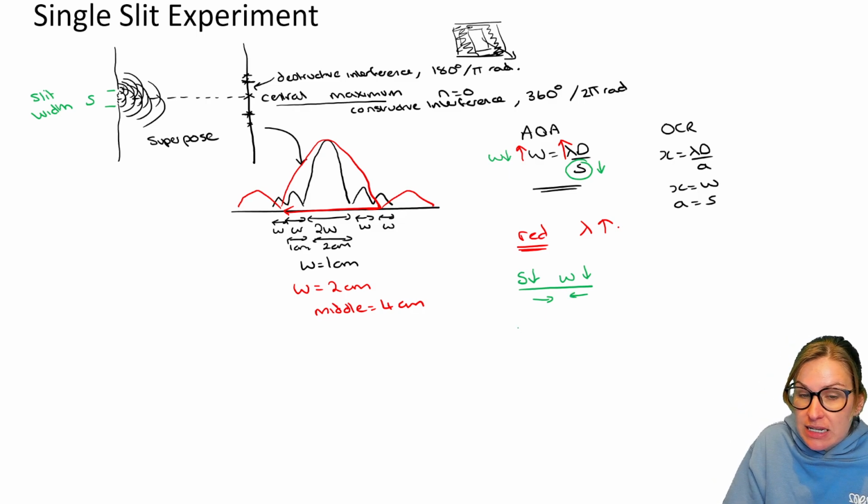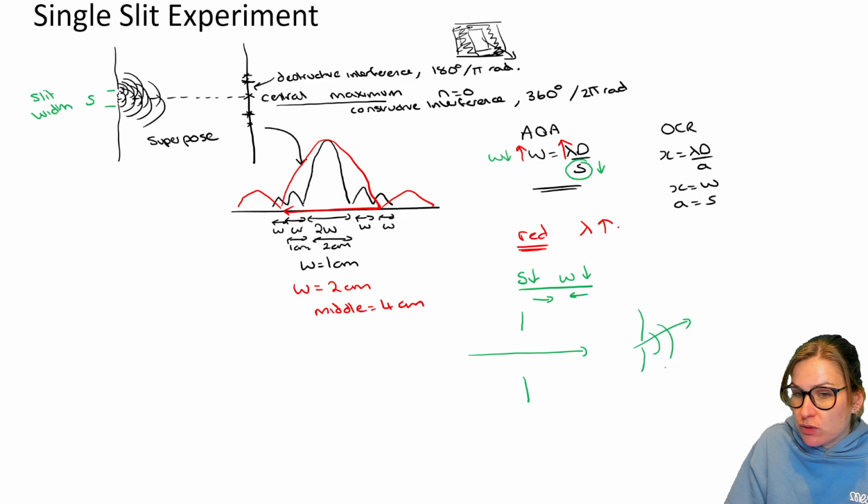But if I decrease the slit width, I'm also going to get more diffraction. So we know if there's a big gap, light basically travels straight through it and we get high intensity. But as we make that gap really small, close to the wavelength, the light is going to diffract. It's going to spread out in all the different directions.